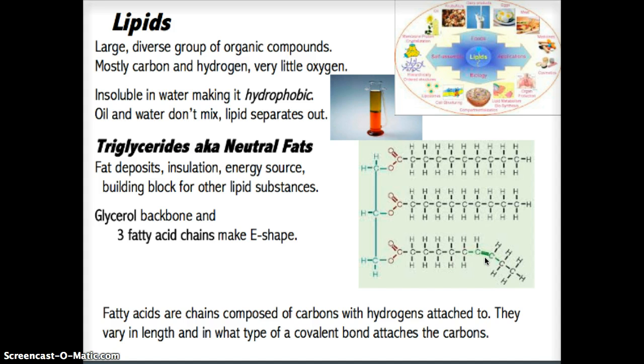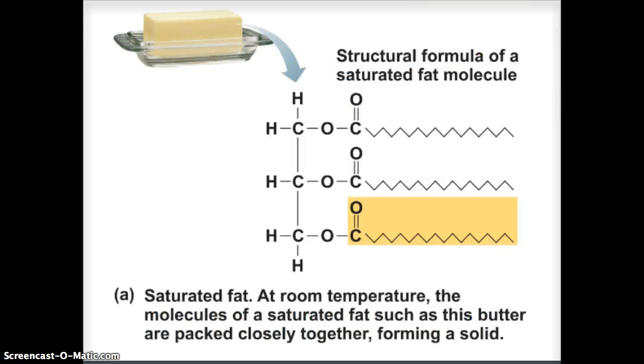So the covalent bond is an important feature of the fats and oils, because if we have absolutely no double bonds in there, only these up here, we have what we call a saturated fat.